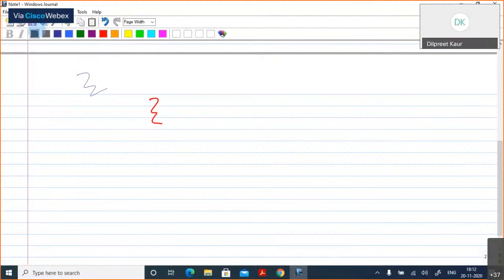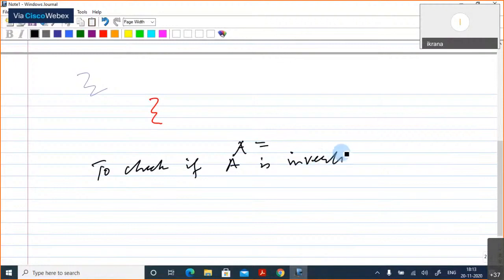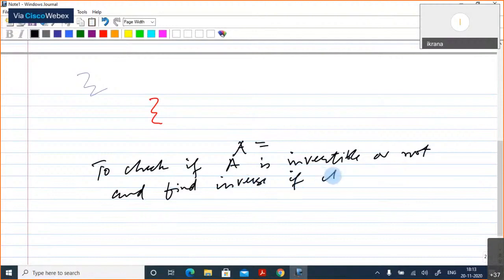Okay. So what I was trying to do was, given a matrix A, I want to check if A is invertible or not, and find the inverse if it exists.